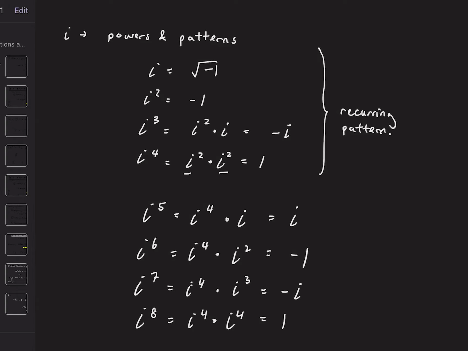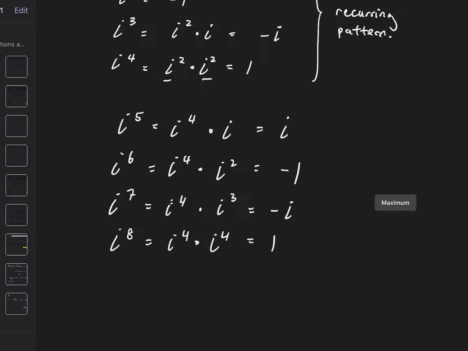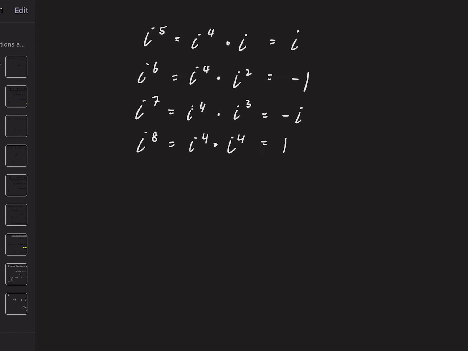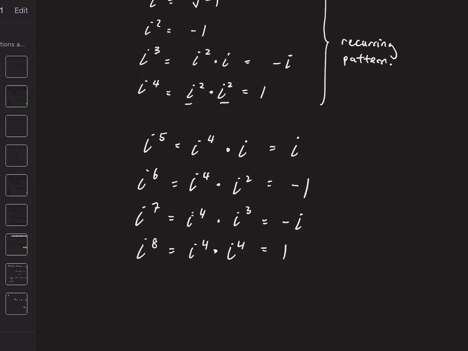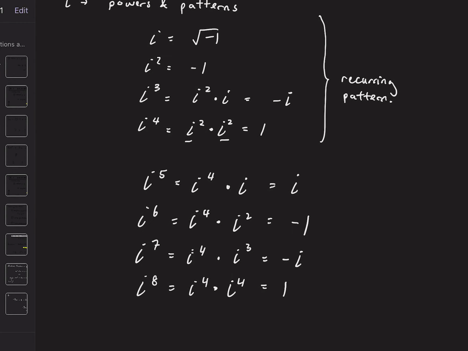So if we look at the next four numbers after i to the power of 1, 2, 3, 4, now we're looking at 5, 6, 7, 8, we can see that they actually have the exact same results.